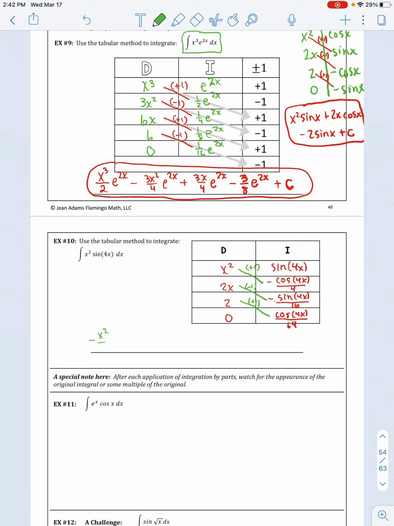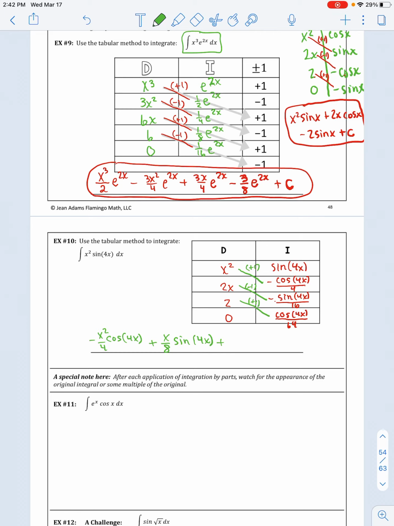So we've got negative x squared over 4 cosine of 4x. And then for this one, it's a negative times a negative, so that's going to be a positive. And divide by 2 gives me x over 8 times sine of 4x. And then the last one is divide by 2, but it is positive.